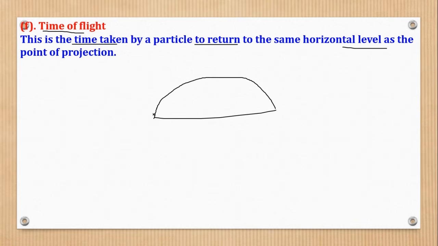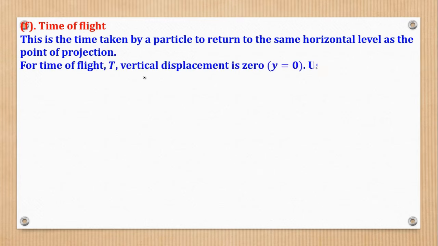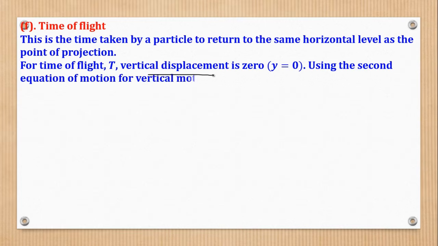The time taken to move from here through this path up to here is what we call the time of flight. So for time of flight, it implies that the vertical displacement is 0, because it has reached the same level vertically, it has no vertical displacement. The displacement is only horizontal. That is why you say that the vertical displacement is 0 at time of flight.